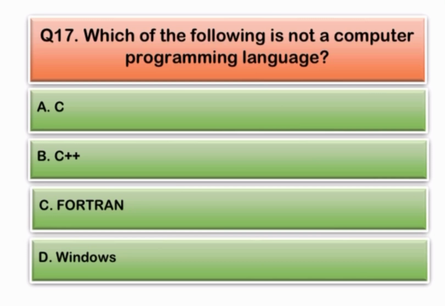Question number 17. Which of the following is not a computer programming language? C, C++, Fortran, Windows. Among these, Fortran has the expansion formula translation, and C and C++ are basic languages.